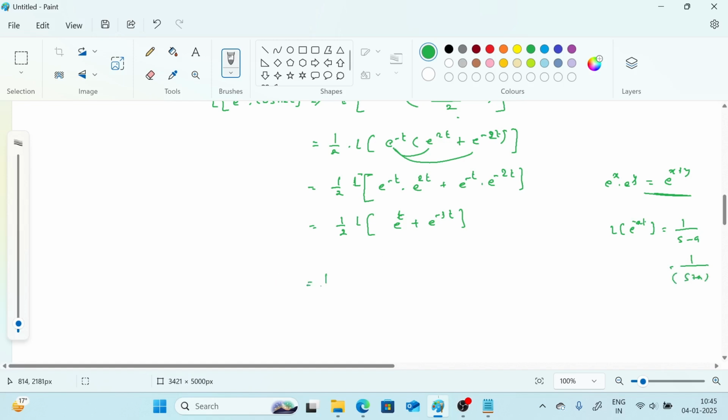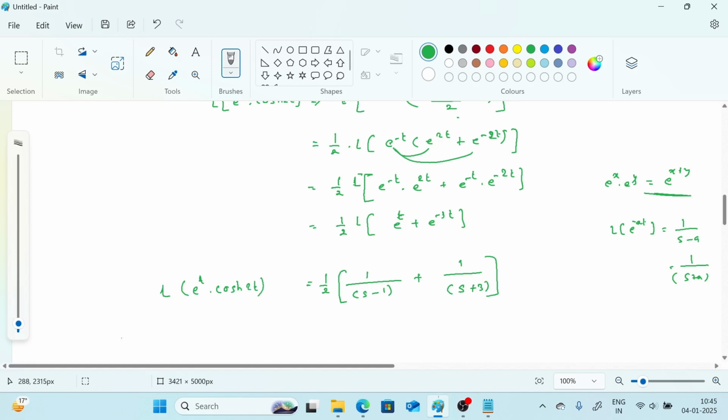So 1 by 2, 1 upon s minus a, a here is 1, plus 1 upon s plus 3, right? So this is the Laplace of e raised to minus t cos hyperbolic 2t.